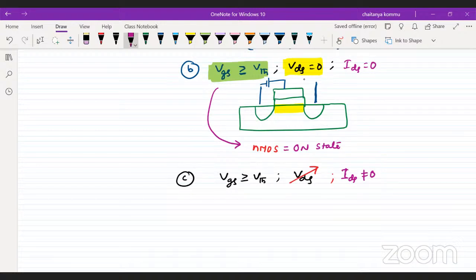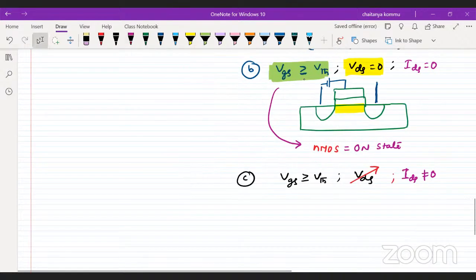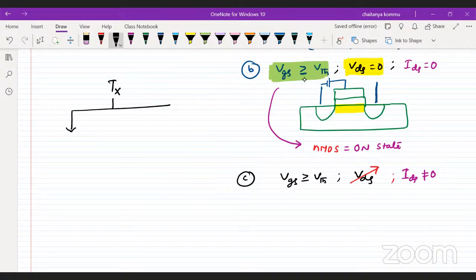So I want to make one simple point here: first of all, you have to make sure whether the transistor is on or off. If you want to say that the transistor is off, or if you want to make the transistor on, what condition has to be met?